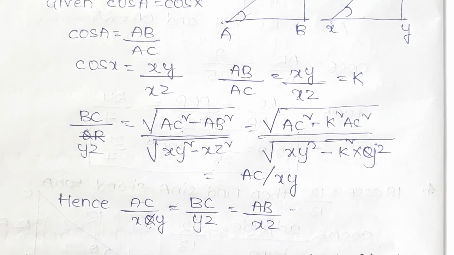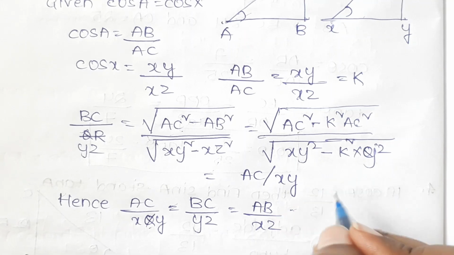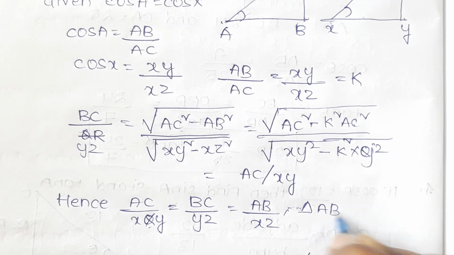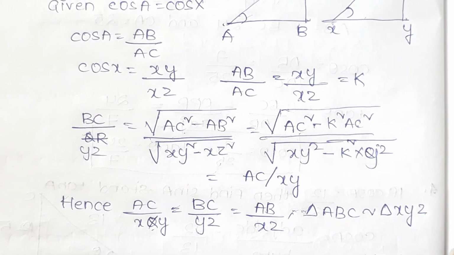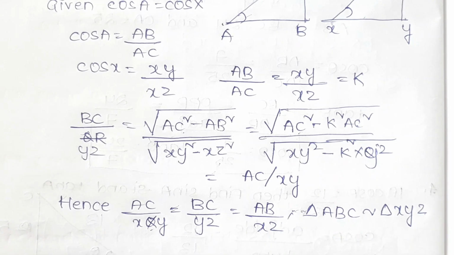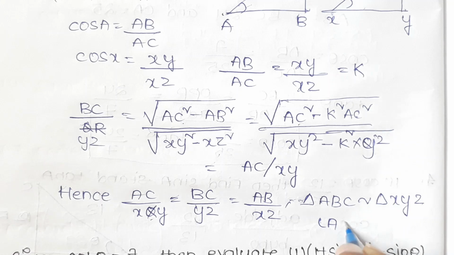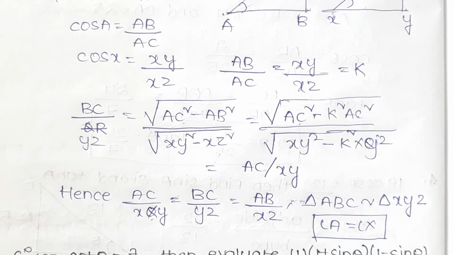These three are equal from the data. And now triangle ABC is similar to triangle XYZ. So from this angle A equals angle X, and this is about the sixth problem.